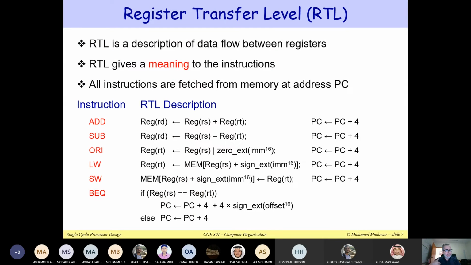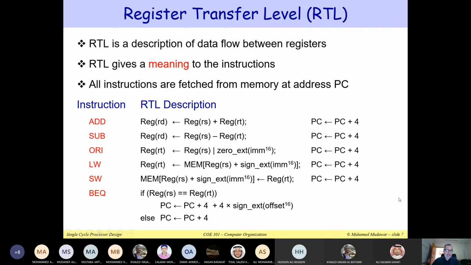Now step number 2 is that we have to give a meaning to these instructions, and the way that we do that is to describe the register transfer level. So before we build the logic, we need to give a hardware meaning to these instructions. So for example, what's the add instruction?